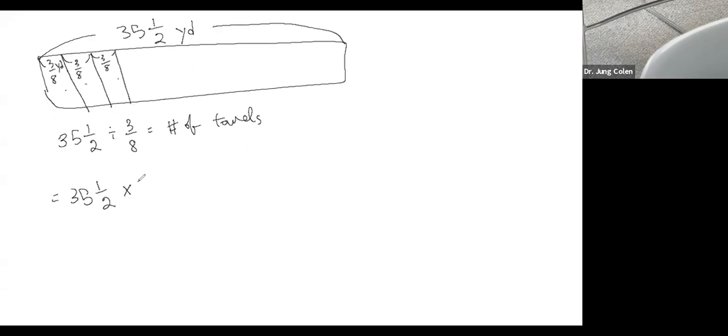Multiplication by the reciprocal, right? The multiplicative inverse of 3/8 is 8/3. So we can just change this part, right?